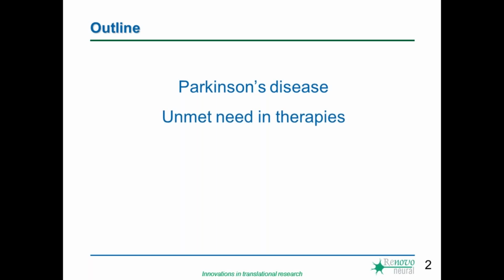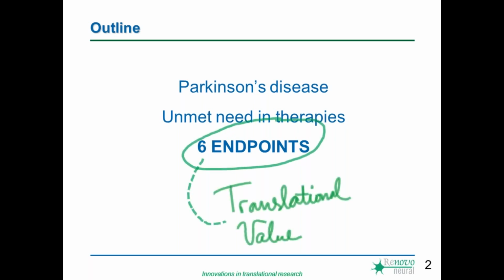Finally, we will focus on a palette of 6 preclinical endpoints helpful in making strategic decisions whether to move on with or drop a potential anti-Parkinsonian drug. Our goal is to understand the translational value of those 6 types of analysis in developing novel therapies in PD.